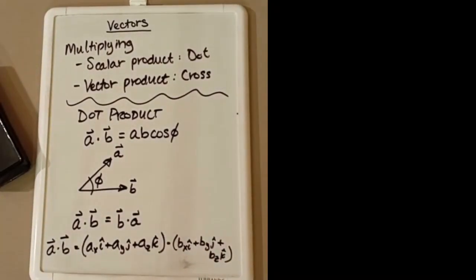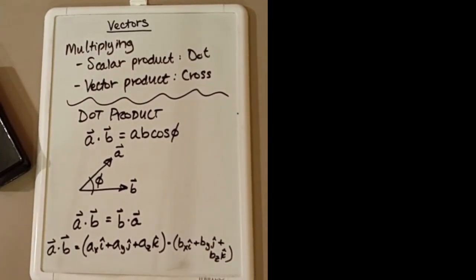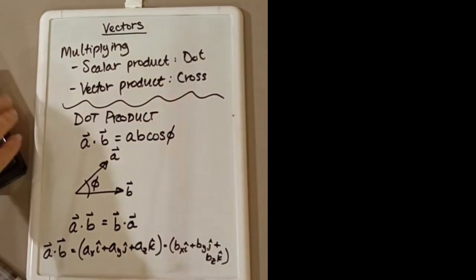So that's how you could write your dot product with unit vector notation. And then you just dot the products as you would in our equation. So it would be Ax Bx cosine of the angle, Ay By cosine of the angle, and so on. That one's fairly straightforward.